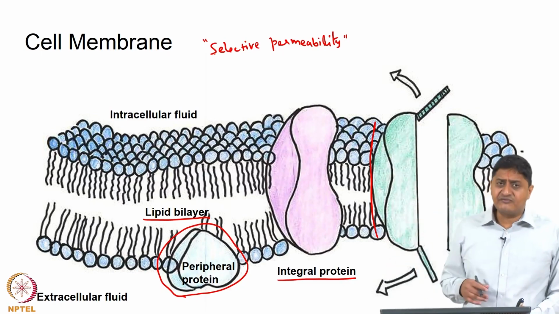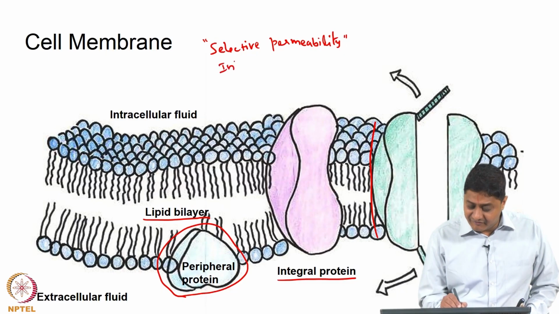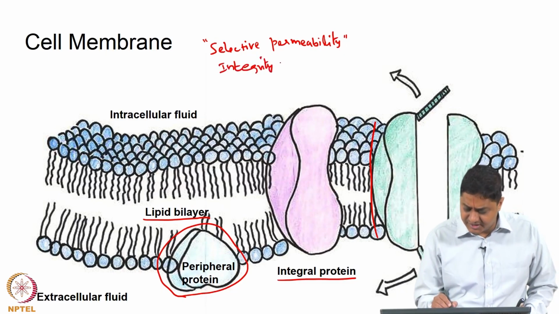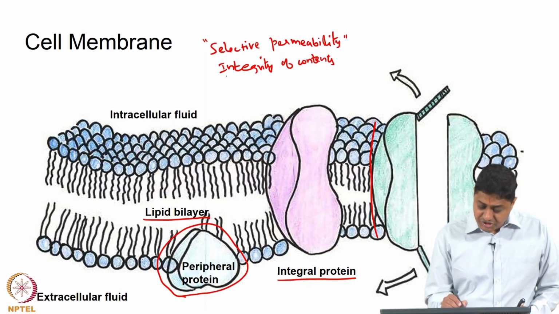Important functions of the plasma membrane are basically integrity of the contents of the cell. Other than structural integrity, also the contents of the cell, also structural support.